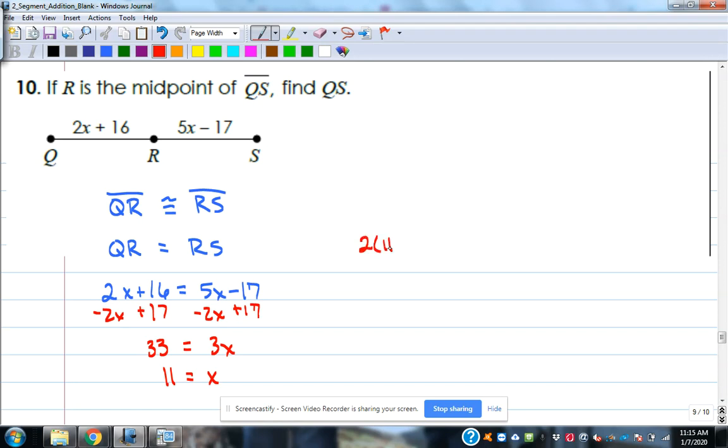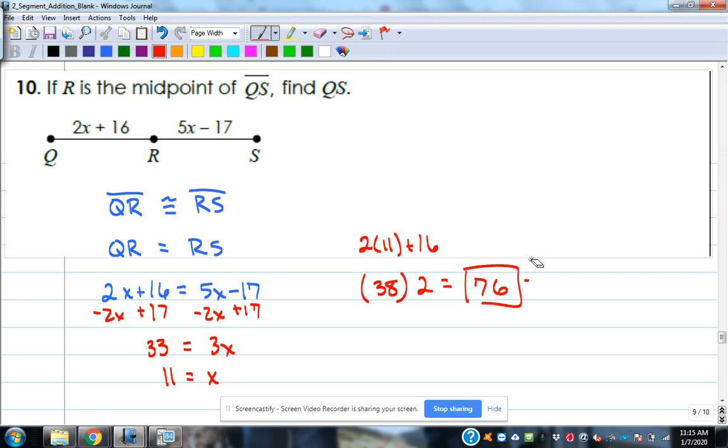So 2 times 11 plus 16. 22 plus 16 is 38. And then double that: 76. And I forgot to write what that's equal to. Equals QS. The length of QS is 76.